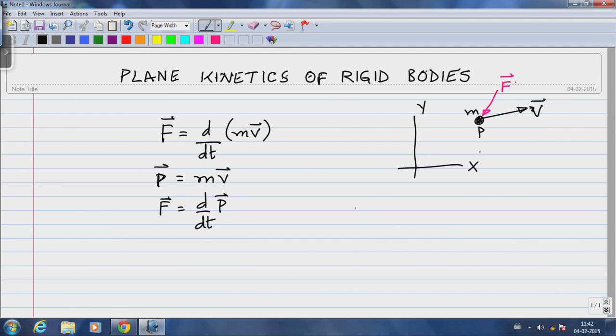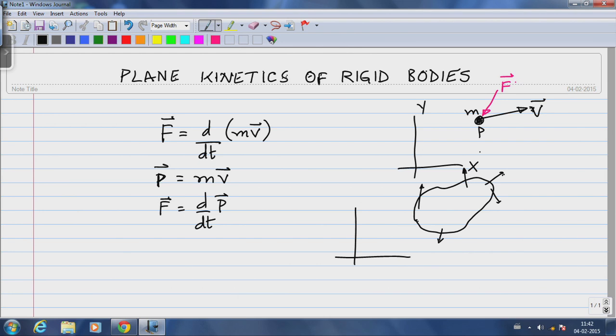Now, if I have to extend the same to a rigid body, so there is a rigid body, the difference between a point particle and a rigid body is that a rigid body has additional degrees of freedom. This is what we talked about in the context of statics. And so, if I now take a rigid body, each point on this rigid body can be moving with slightly different velocities, because we said a rigid body can rotate.